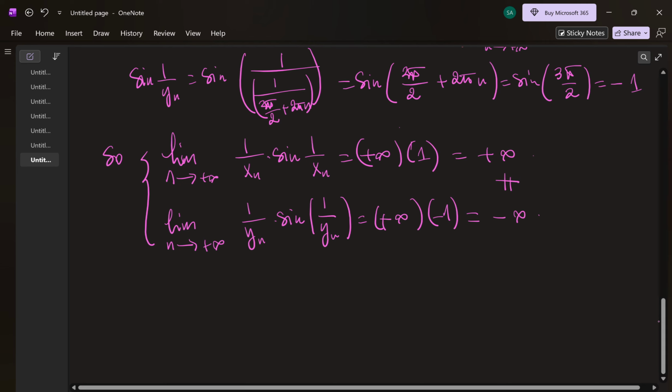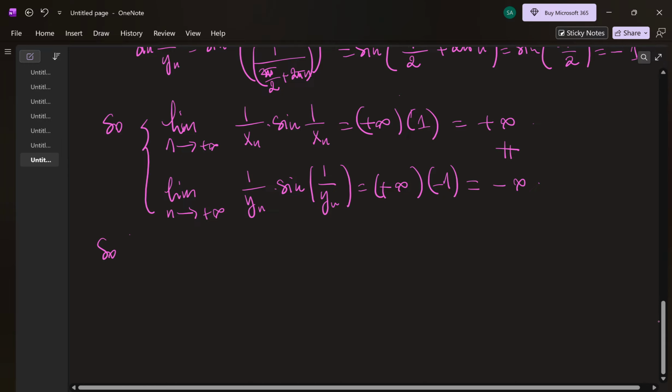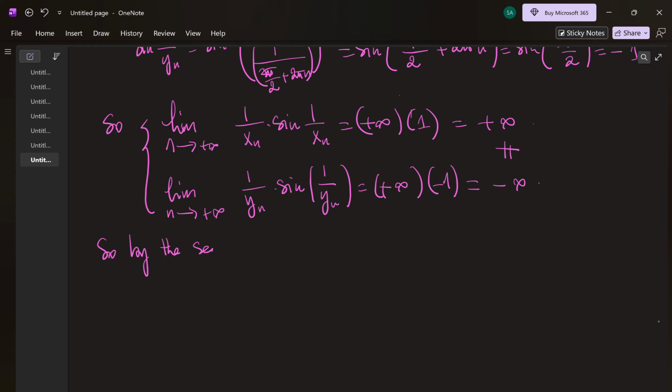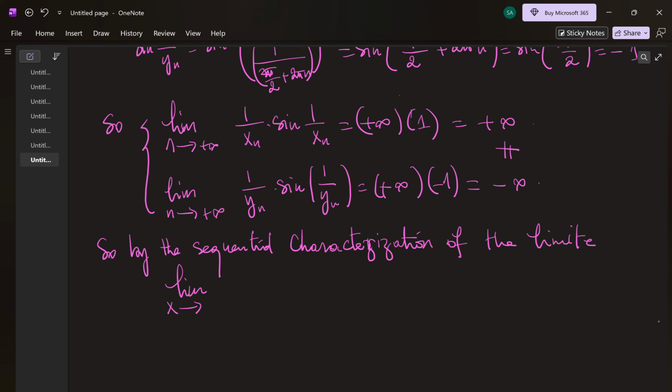Those two are not equal, so by the sequential characterization of the limit, this limit 1 over x sine 1 over x does not exist.